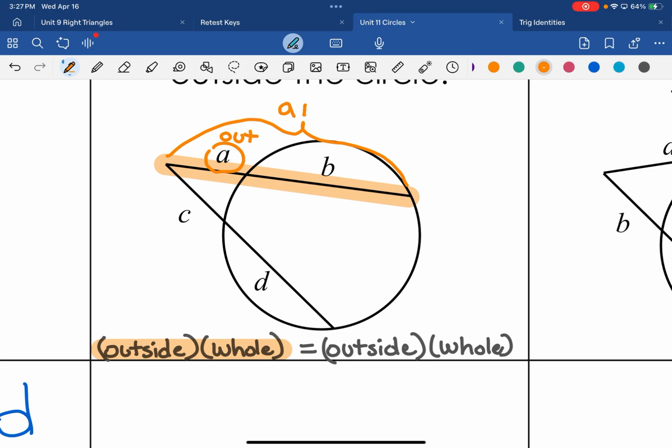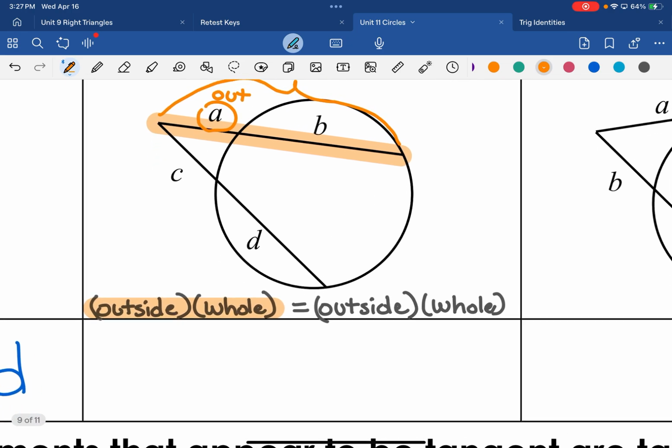A plus B, not A times B. We talked about this Monday also, and I still had a ton of people multiplying those. When we are finding the length of a whole line, we add the parts together. We do not multiply the parts together. So right here, this is A times A plus B.